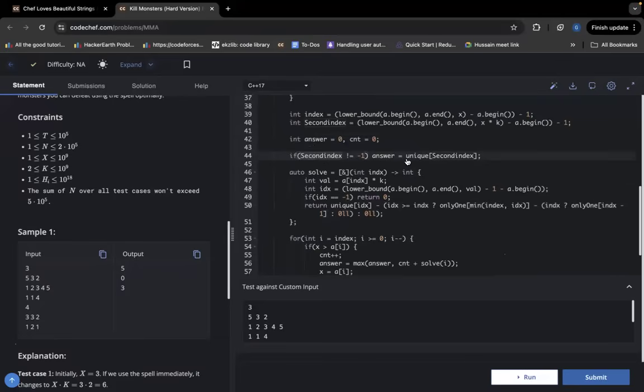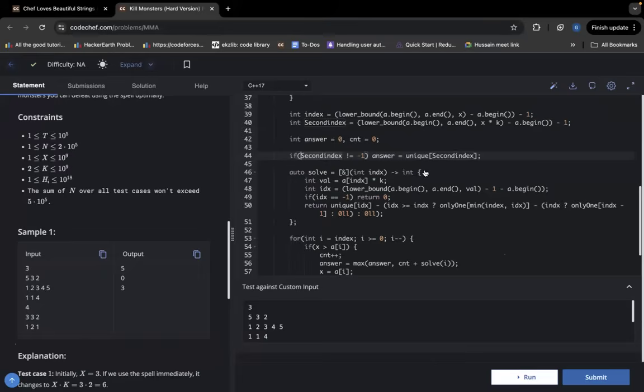Do you agree that it is also possible that before doing any operations, I do my into k operation and then start killing the monsters? Yes or no? Yes. So, in this particular case, what would I do? I have not killed any monsters yet.